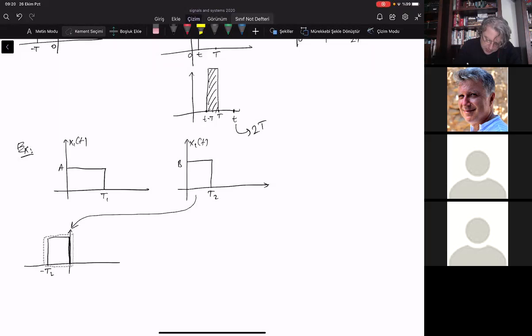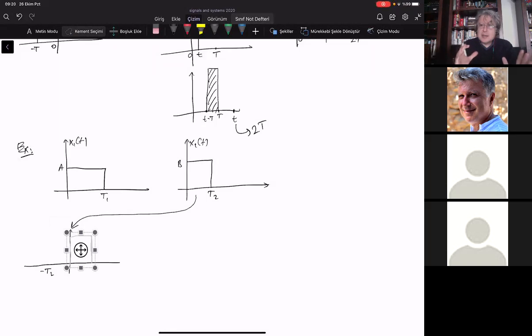to select this box. Now, as you see, as I move this box to the right-hand side, it will overlap more and more with the top X1. And here it will have some maximum overlap, right, at this point.